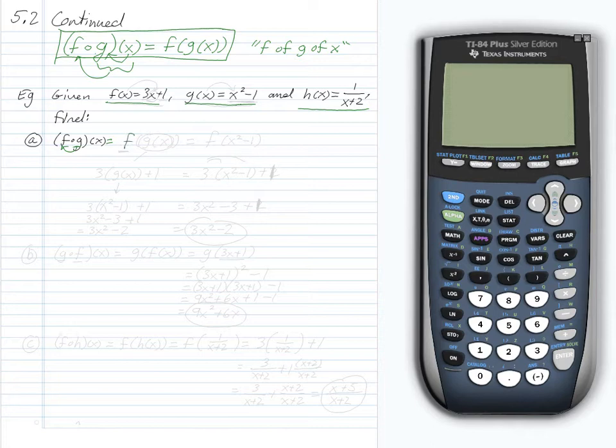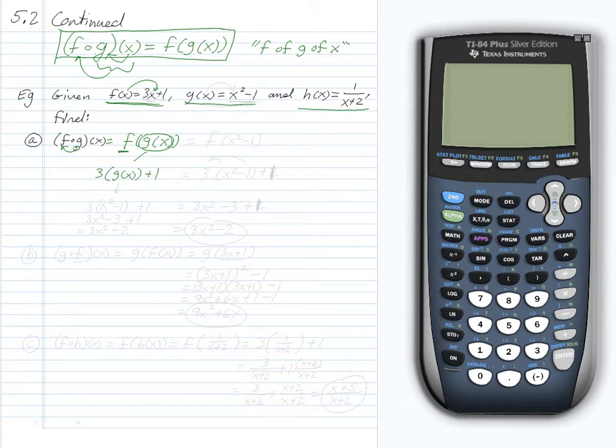So we're looking for f of g of x. Alright, so there are a couple of ways we can handle this, and I'll show you both ways. f of g of x means we're going to plug the whole function g into the function f. So we can think of f as taking its input and multiplying it by 3 and adding 1. So we could think of this as 3 times our input, g of x, plus 1.